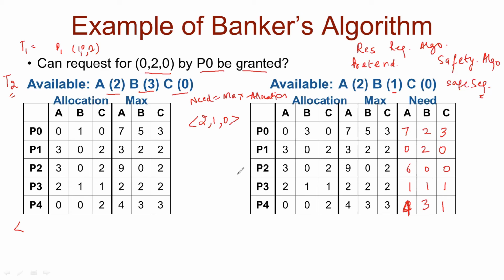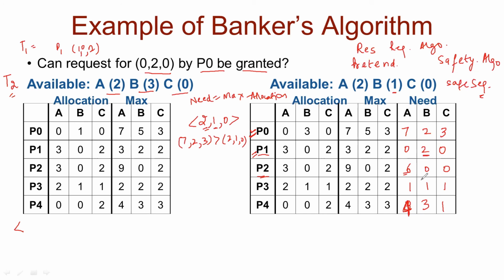Now we'll try to find a safe sequence. We start with P0. P0 needs 7, 2, 3, which is greater than 2, 1, 0. So P0 cannot execute right now, it must wait. Let's come to P1. P1 needs 2 instances of B and currently we have just 1. So P1 also has to wait. P2 needs 6 instances of A and we have just 2. So P2 has to wait.